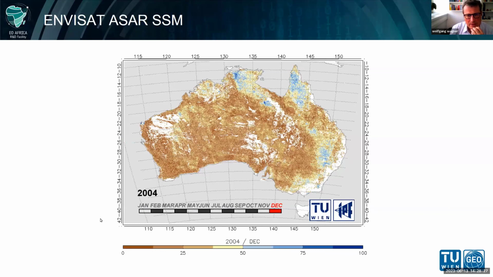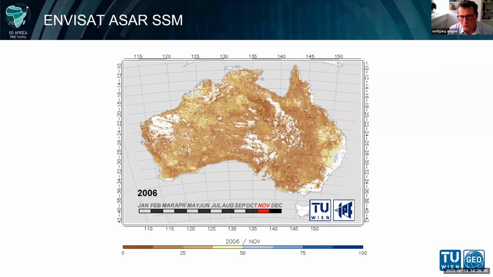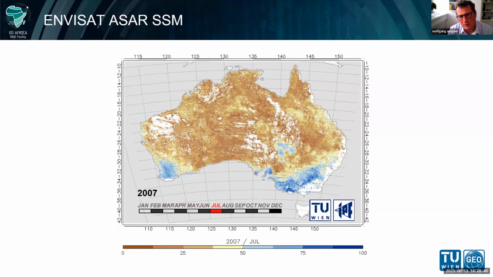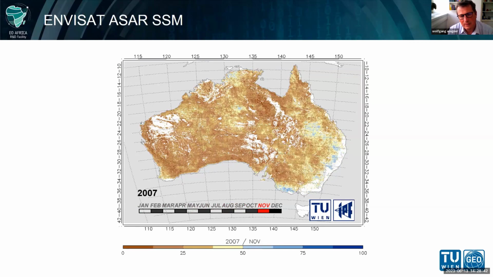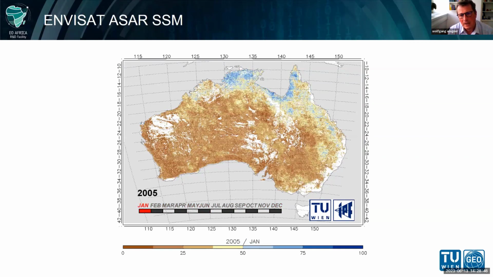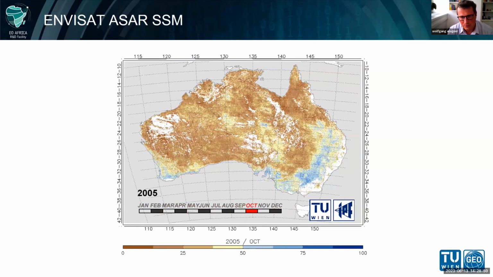And using Envisat ASAR, we also produced the first continental scale soil moisture product about 10 years ago. So this is a surface soil moisture time series aggregated for different months for different years. And you see an animation of how soil moisture changes over the Australian continent.